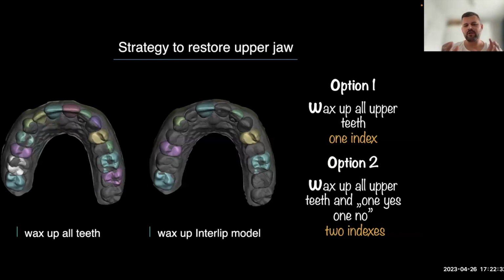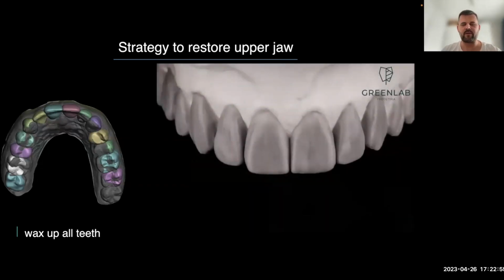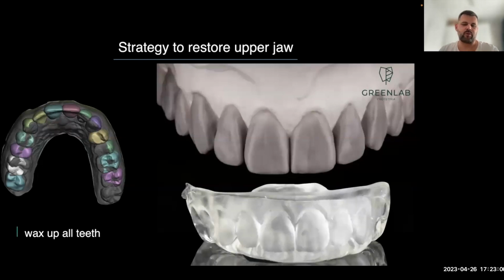So if you're working in a digital protocol, your dental technician can prepare the digital wax up of all teeth and then just turn off half of an arch, and then you receive another wax up with 1 yes, 1 no teeth restored. The first one, when we have restored all teeth, is for the traditional protocol, when you use wax on the plaster model, and then you receive only one silicone index.